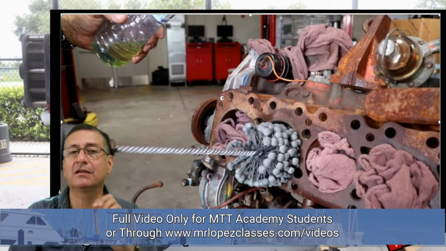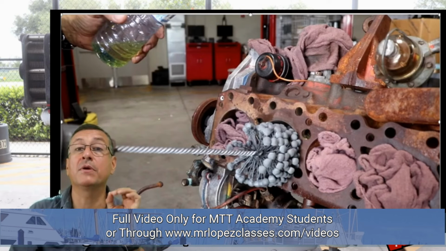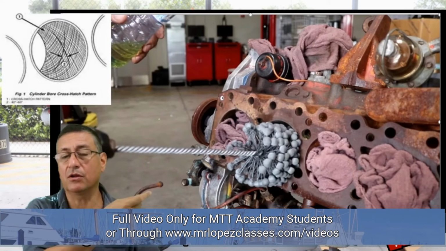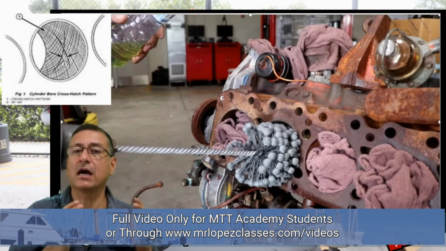And at the end, when you remove this tool and you clean the cylinder, it is like a mirror. It's perfect. You need to verify the pattern. The pattern, according with the book, should be 45 degrees. This is a good pattern in order to produce a good seal. Check the slide that you have right now. This is in your book.